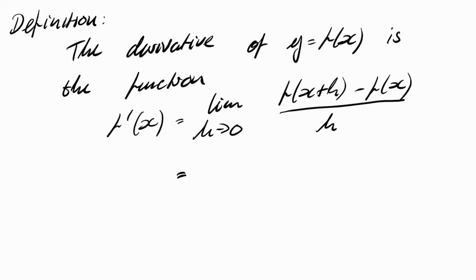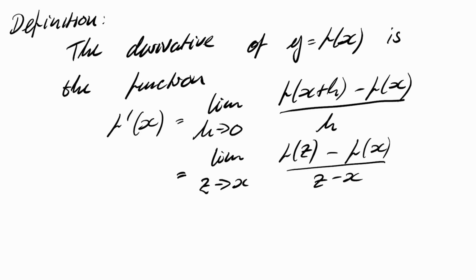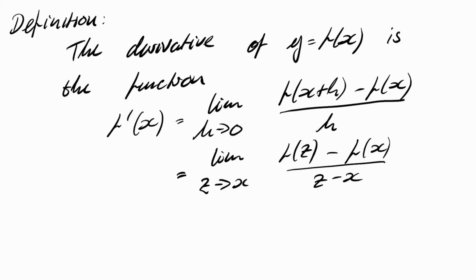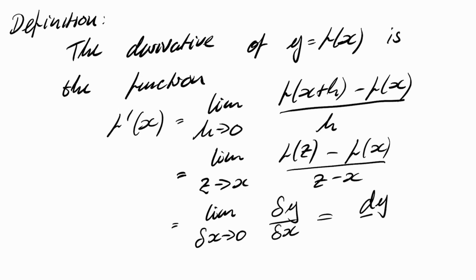There are different ways to write this limit, so you'll often see this as the limit as z tends to x of f of z minus f of x divided by z minus x. This is the same definition using the fact that we can let h equal z minus x. We can also write, which is where we came into this, the limit as delta x goes to 0 of the ratio delta y over delta x. And in fact, this gives the more suggestive notation that we can write the derivative as dy by dx.